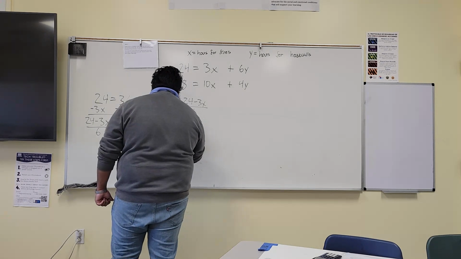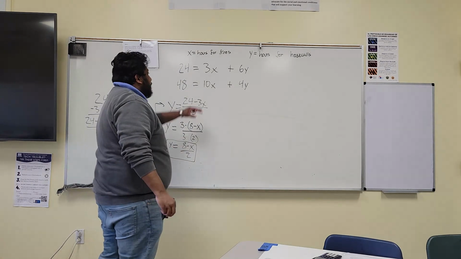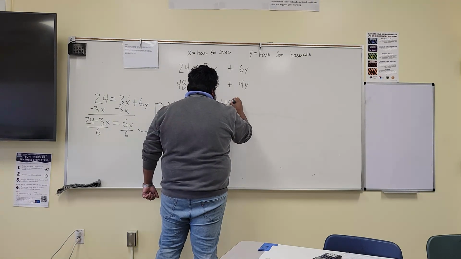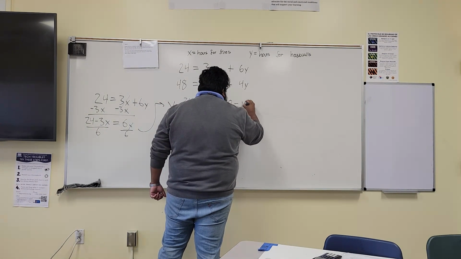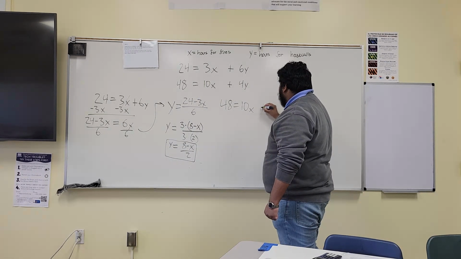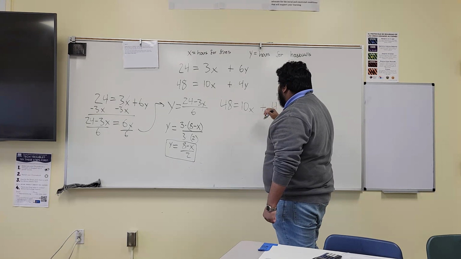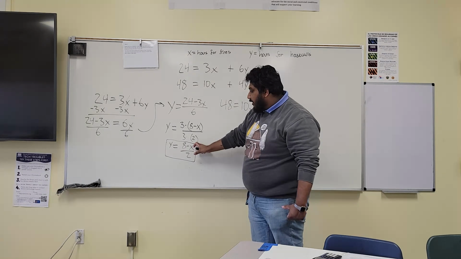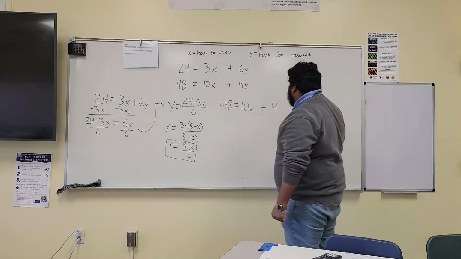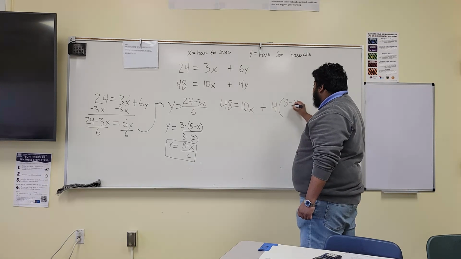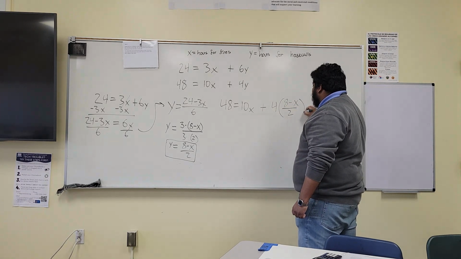So we solve for y, and now we can plug it in to our second equation. 48 is equal to 10x plus 4, and then this y here is the same as this y, and they're interchangeable with what they're equaling. So instead of that y, we can put 8 minus x over 2.